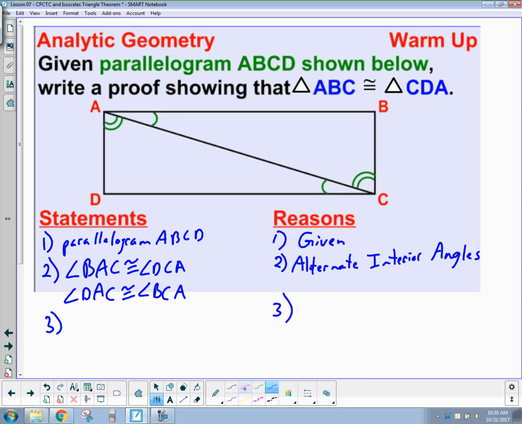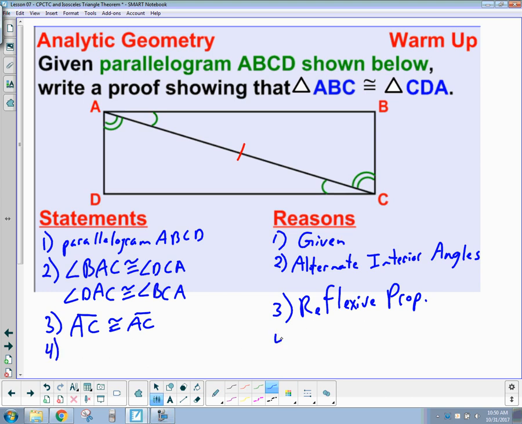We're going to mark this reflexive side here. So we're going to say AC is congruent to AC, reflexive property. And we have enough information now.